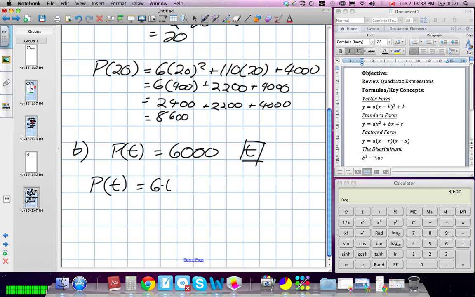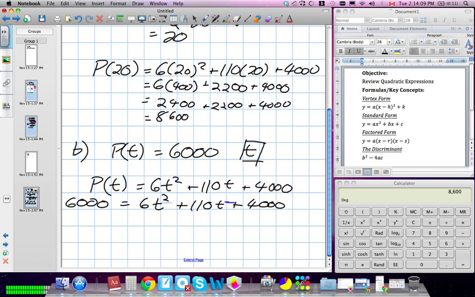The problem is I have two terms with variables. I have t squared and I have t to the power of 1. There are 3 different ways to solve this question. We can either factor it and find our 2 values of t, we can put it into the quadratic formula, or we can put it into vertex form.